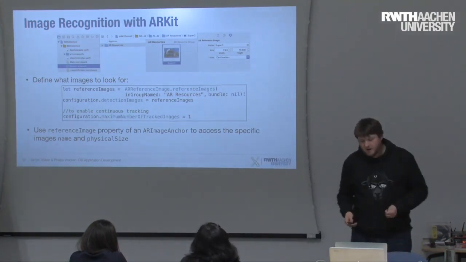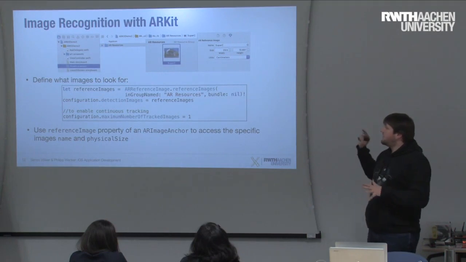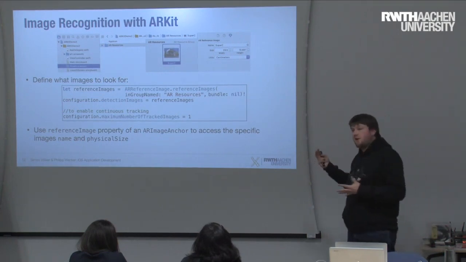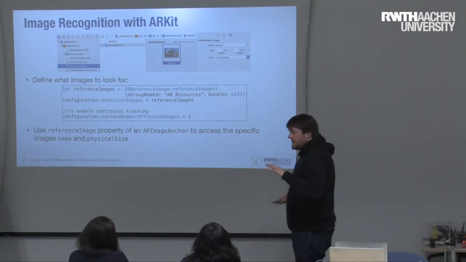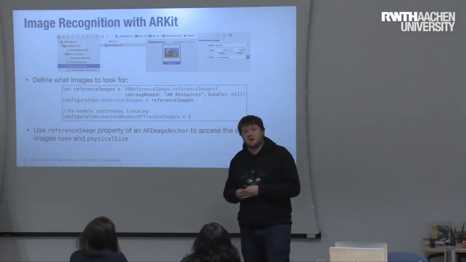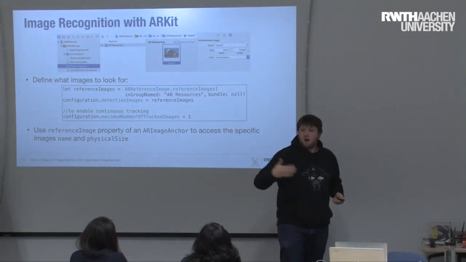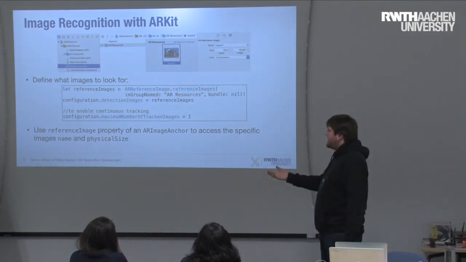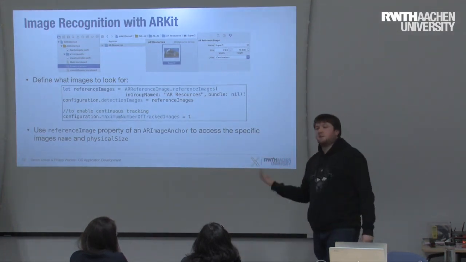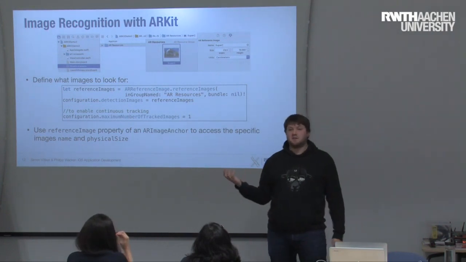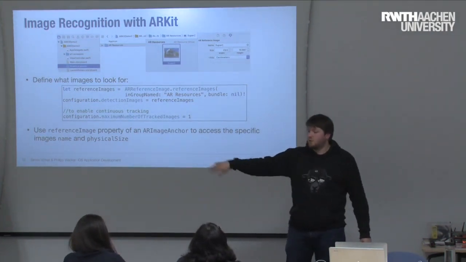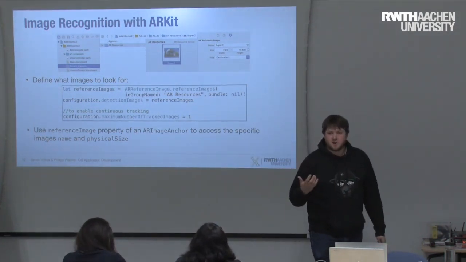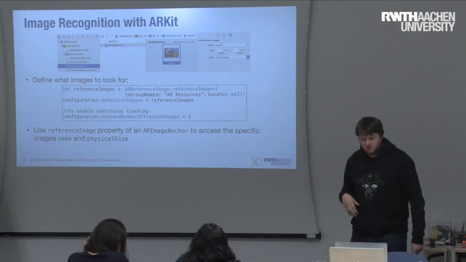Yes, so what we've looked at so far is how do I react to the environment and how do I know where and how to display my digital content. But the other side that you need to look at is how do I interact with that? So how can I interact with the space around me, with the physical environment?